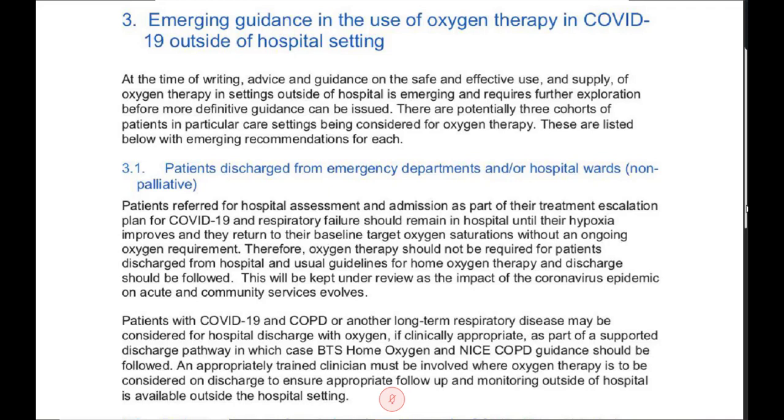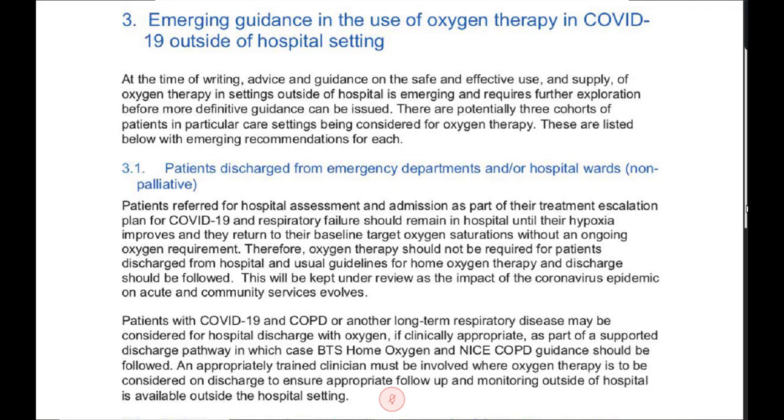Patients discharged from the emergency department are slightly more worrying because they have borderline saturations of 92 to 94% perhaps. And these patients hopefully will have some way of being monitored at home with pulse oximetry rather than giving them oxygen. We do have a cohort of patients that have chosen to be treated at home or in a nursing home who are hypoxic.